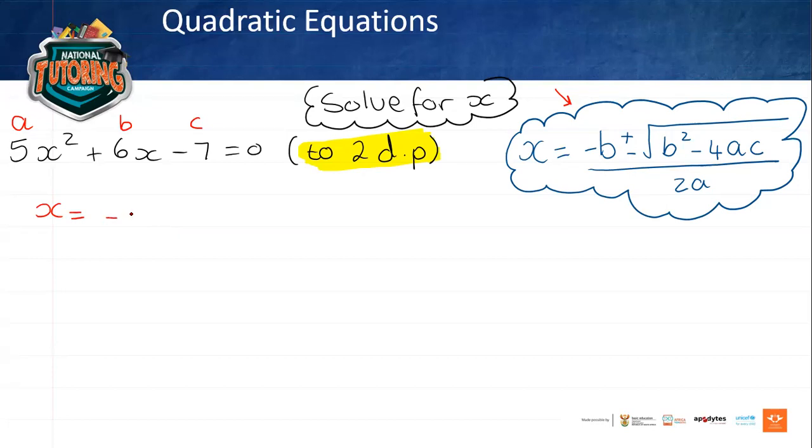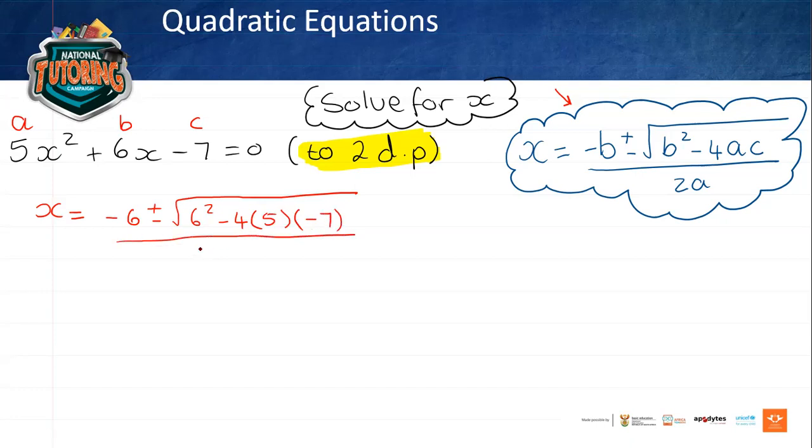So we can solve this by saying x is equal to, no factorizing needed, and we use our quadratic formula. Negative b, in our case, is negative 6, plus or minus the square root of b squared, which is 6 squared, minus 4 times a, which is 5, and c, which is negative 7, all over 2a.